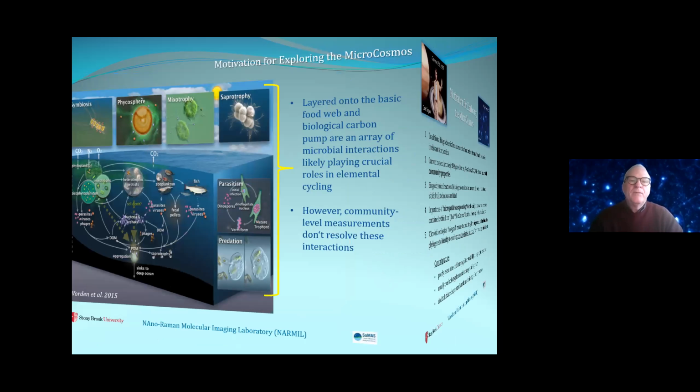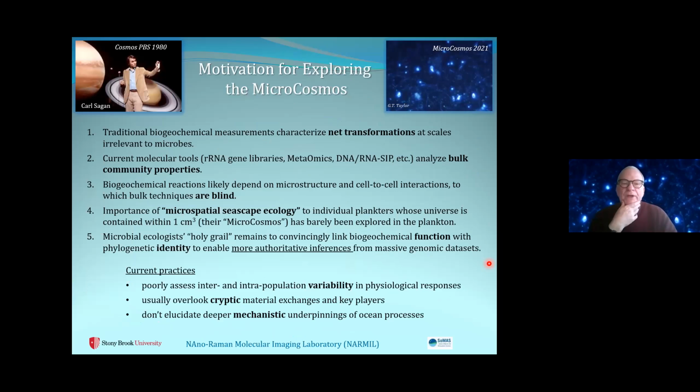There we go. Okay, so what are some of our motivations for studying the microcosmos? Well, in oceanography, most of our traditional methods for biogeochemical measurements and exchanges only allow us to look at net transformations, and at scales that aren't really relevant to microorganisms.